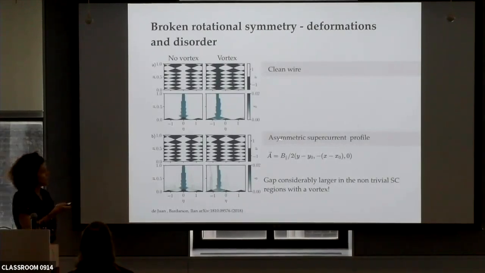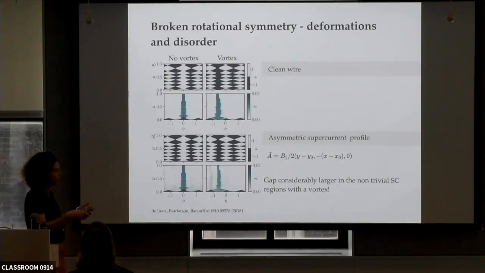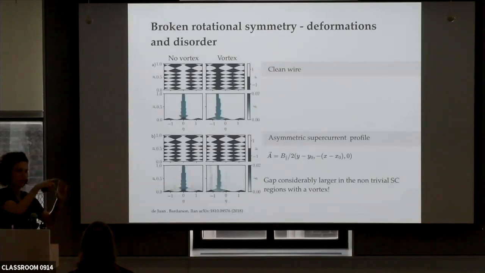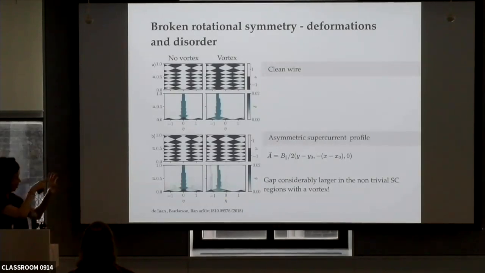Then breaking rotational symmetry, one example is creating an asymmetric supercurrent profile. The way you would do that is, we add a magnetic flux through a Peierls substitution to the lattice model. And if you are in a normal state, you're free to choose the origin of this vector potential wherever you want. It's just a choice of gauge. But if you have superconductivity, that already matters. So I can offset the origin of this vector potential.